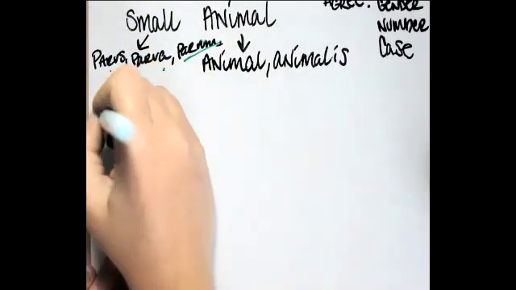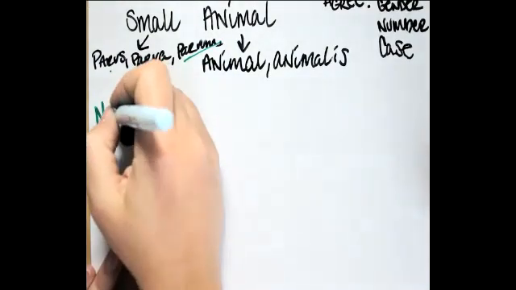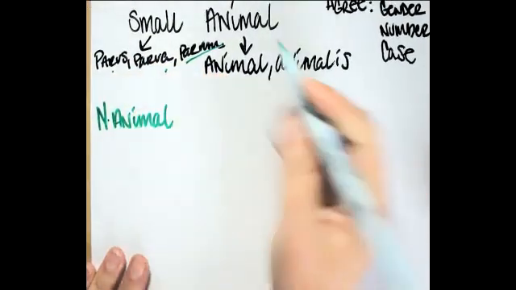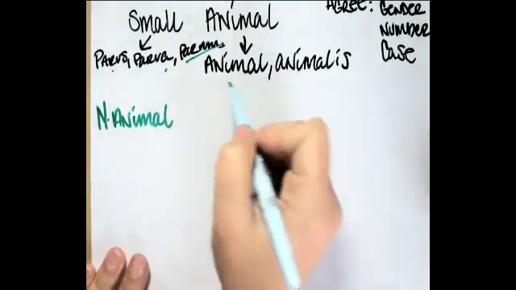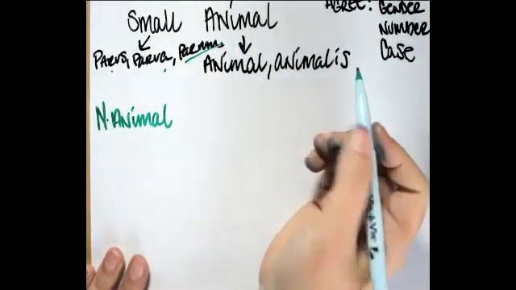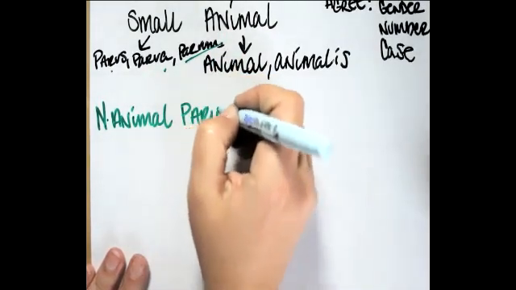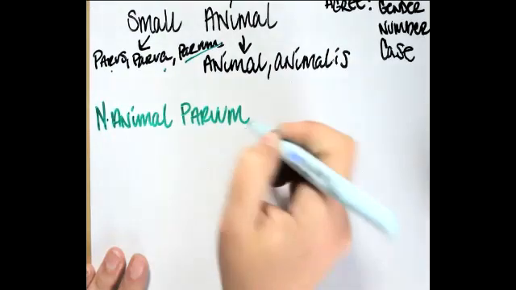So in our nominative, we would need animal, and then our nominative form of parvus, parva, parvum would be parvum, small animal.